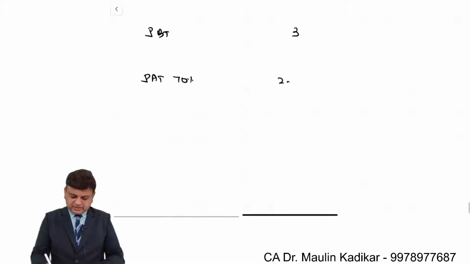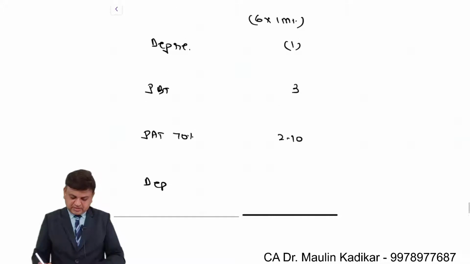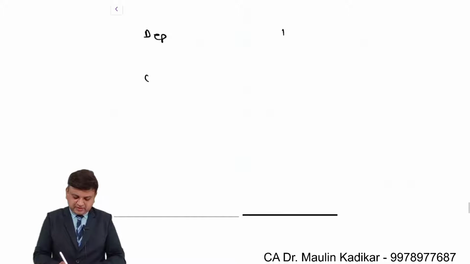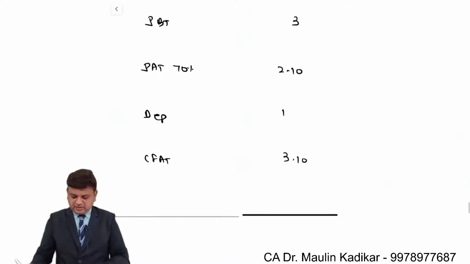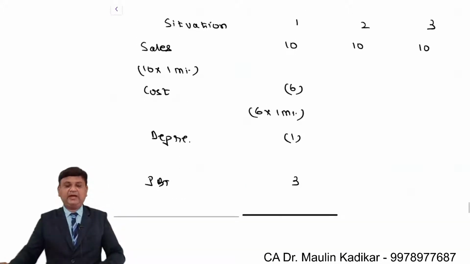That comes to 2.10. Add back depreciation, that is 1, in order to calculate the cash flow. So the cash flow after taxes is going to be 3.10 million. This is the way cash flow will be calculated in the first situation.